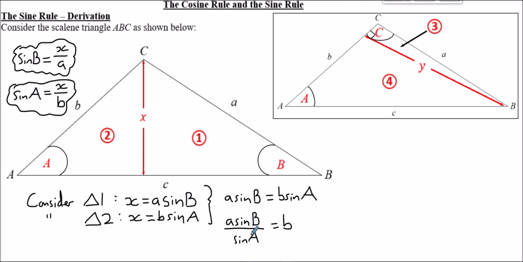Then if I divide through by sine B, I get a over sine A, because the sine B here just cancels, equals b over sine B. And I'm going to call this result 1.